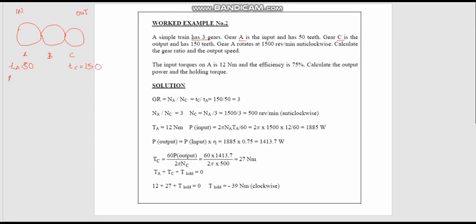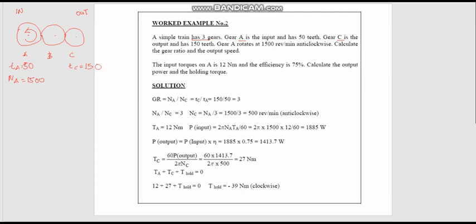Gear A rotates at 1,500 RPM anti-clockwise. So this is the rotation of the input. Calculate the gear ratio and the output speed.